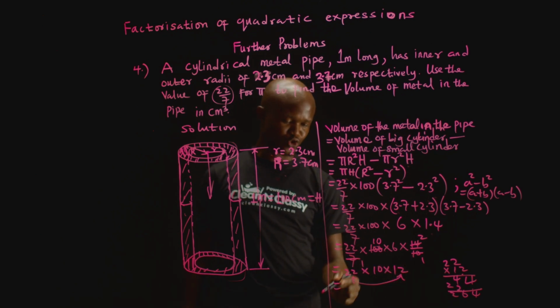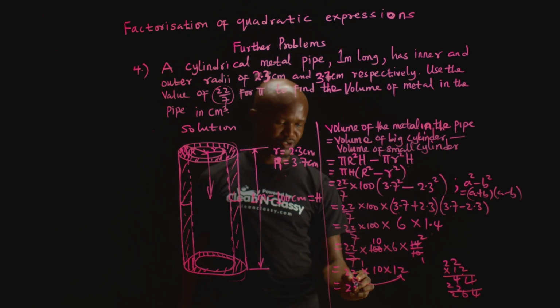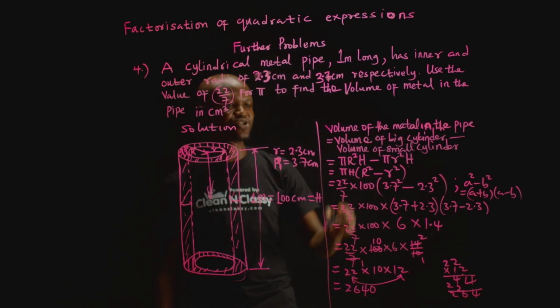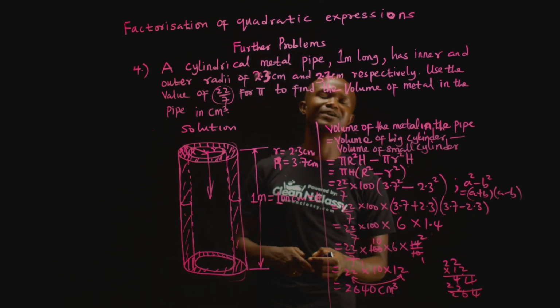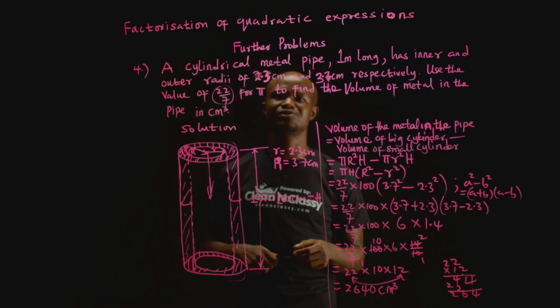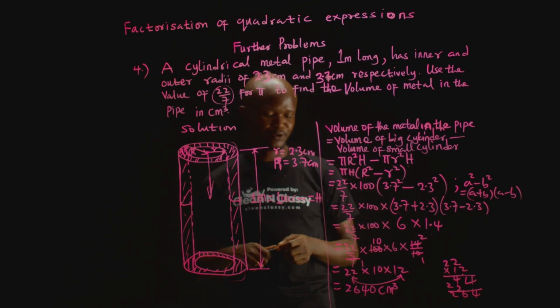So 264 times 10 is 2640. And what is the unit? We are dealing with volume, so 2640 centimeter cube. It means that the volume of the metal in the pipe is 2640 centimeter cube. That is the solution to the problem. Thank you.